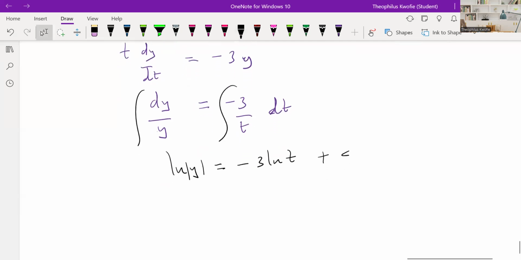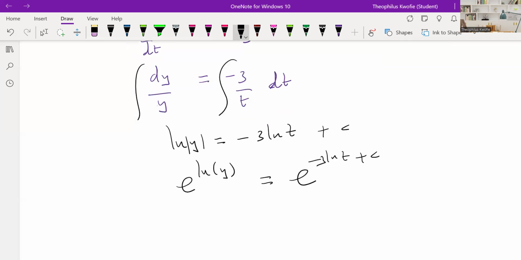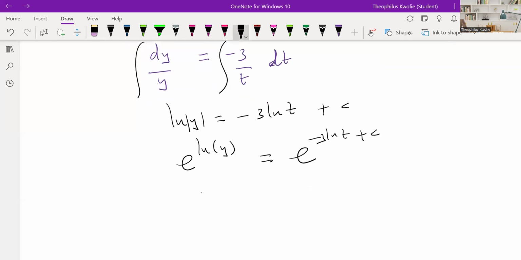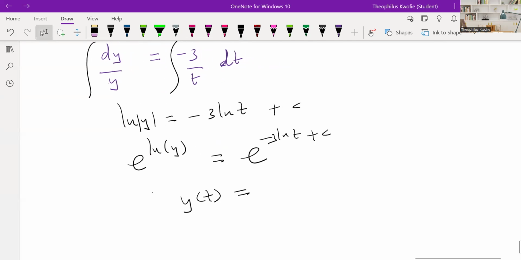Then we just have to exponentiate both sides. The natural log and the exponential function are inverses of each other, so we're going to have y of t equal to some constant times e to the power minus 3 natural log of t.